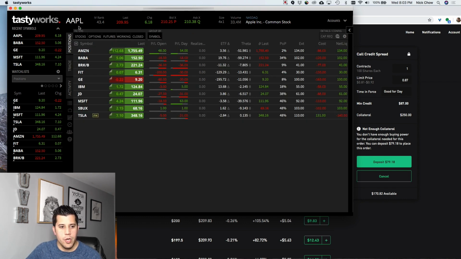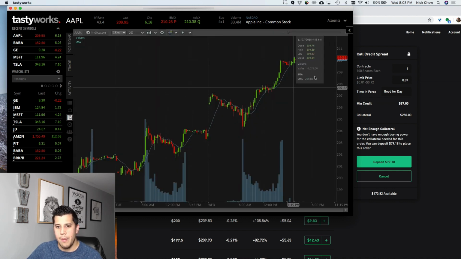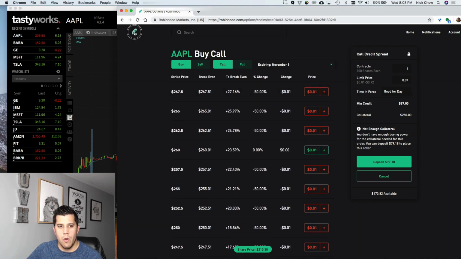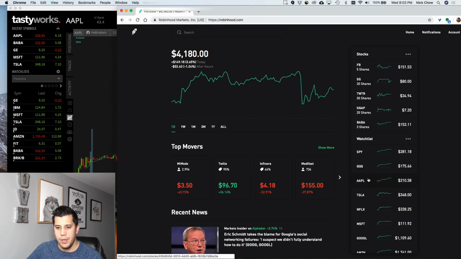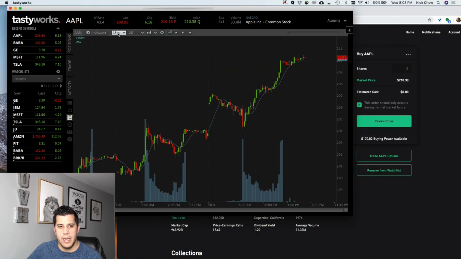In terms of the charts, Tastyworks charts are not that impressive compared to Thinkorswim, but they are a lot better than Robinhood. If you go back to Apple, Robinhood doesn't really have anything here. Here you can separate 15 minutes, different increments and indicators, and you can do that whole thing.